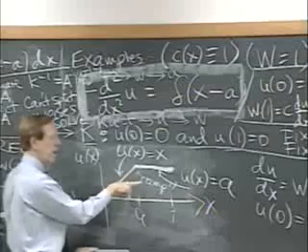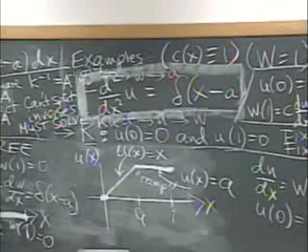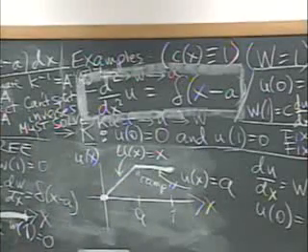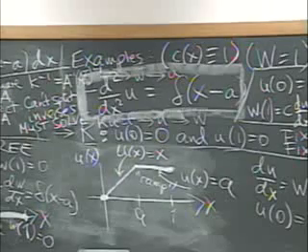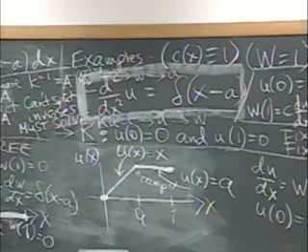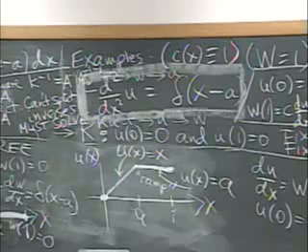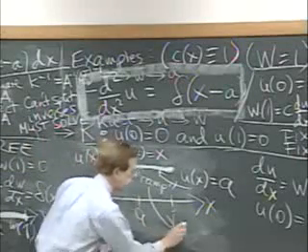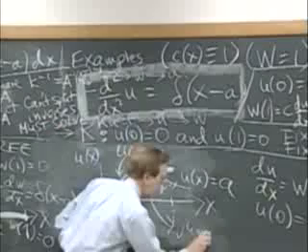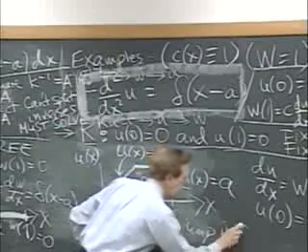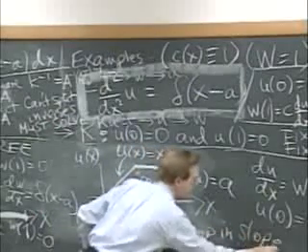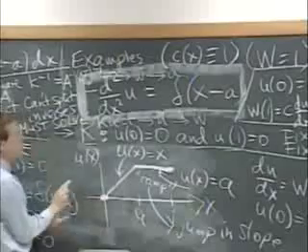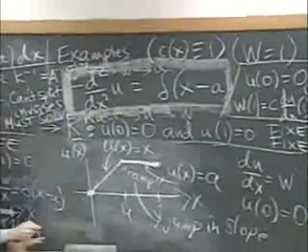And what's happening at a corner? What do I mean by the derivative taking a jump? The derivative, the slope, is jumping. Jump in slope. And is that what the differential equation would like us to have? Sure.